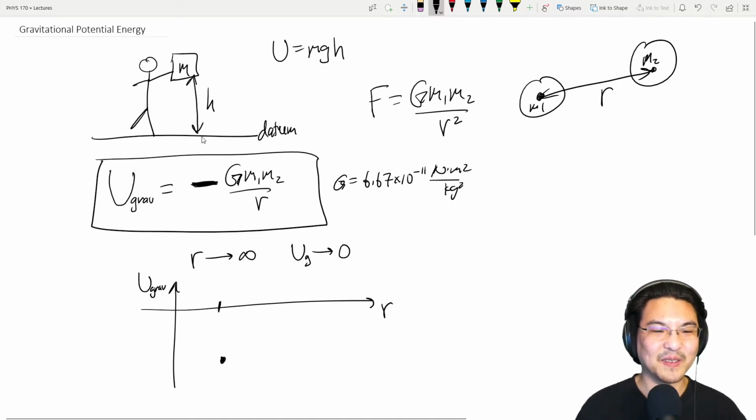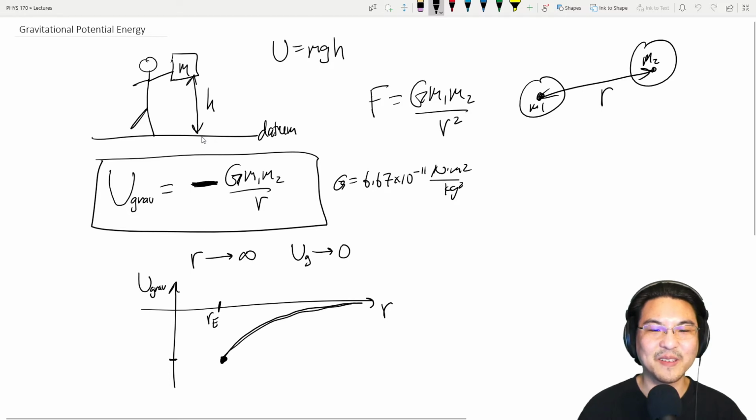So if this here is the radius of the Earth, your one data point, it's going to be some negative value. And as r increases towards infinity, it'll look like this. Right? And then as r approaches infinity, the gravitational potential energy approaches 0. So this is what it looks like.